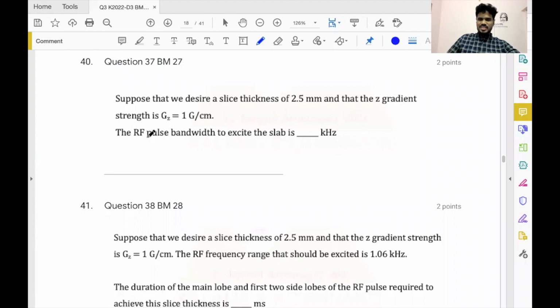The RF pulse bandwidth is, at the end of the day, a change in frequency.